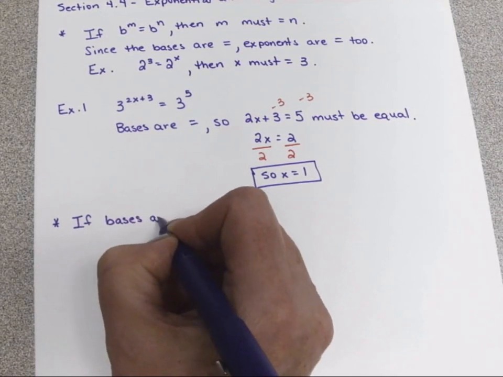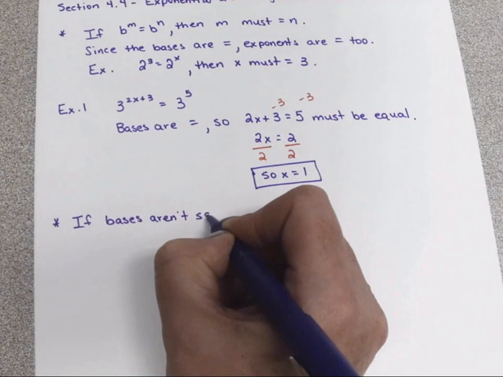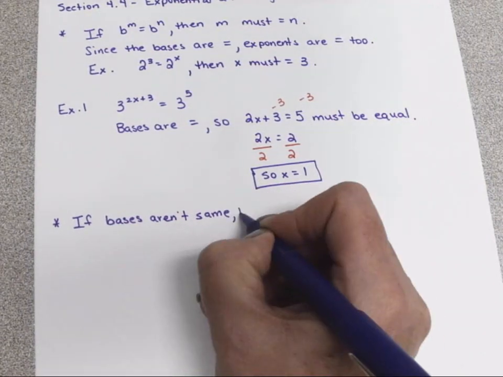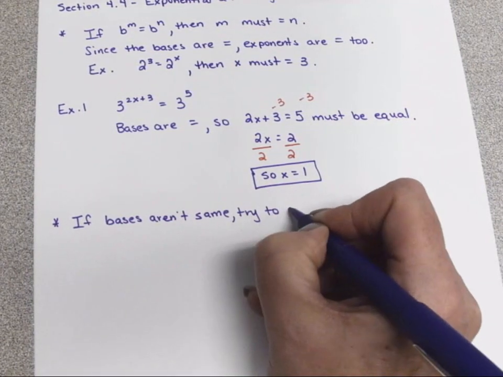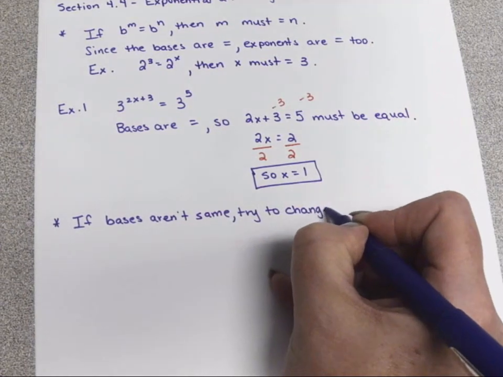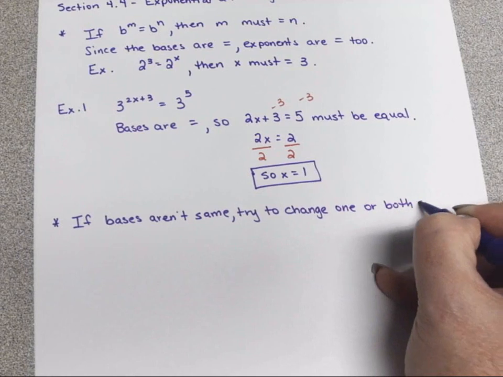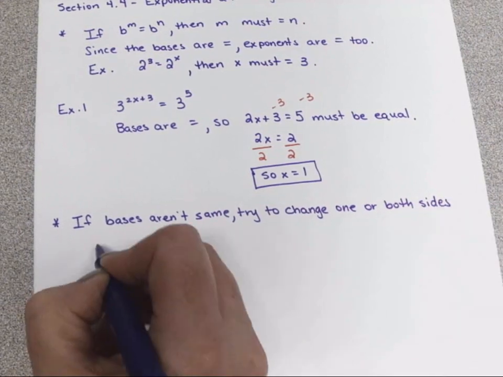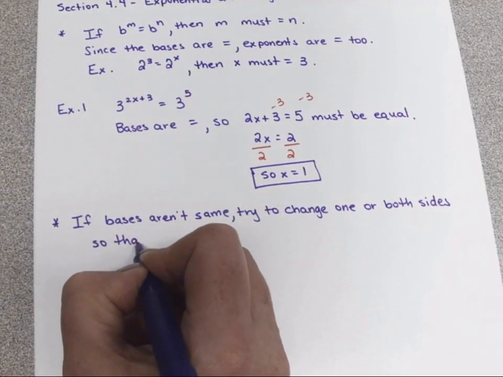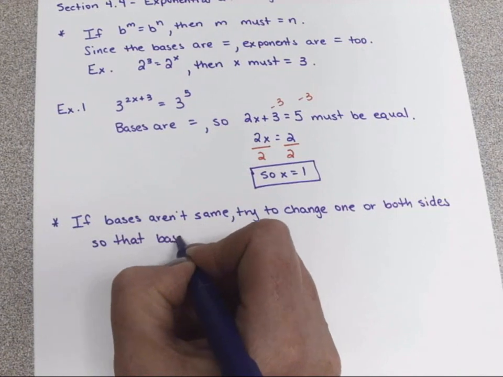Sometimes the bases won't be the same at the beginning, but maybe we can make some changes that will make them the same. So if the bases aren't the same, try to change one or both sides so that the bases can be the same.